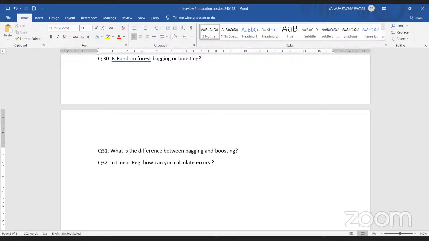I asked previously, what is the major problem you face in case of linear regression?